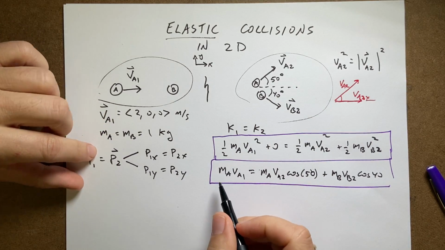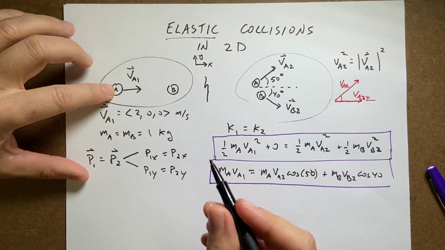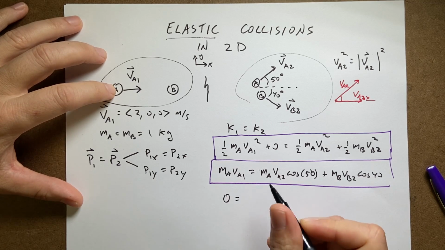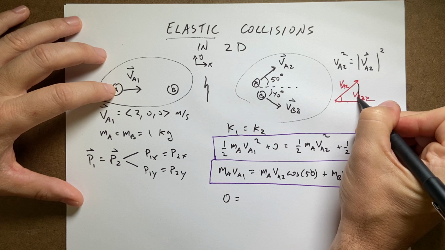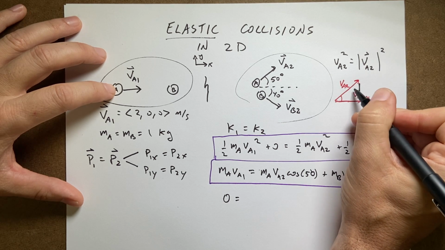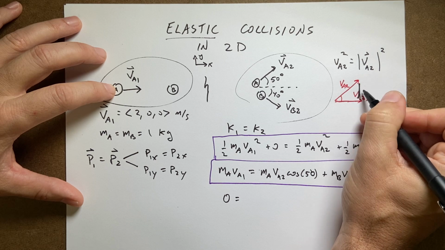Okay, now I can do the same thing for the y direction. So what's the initial y momentum? Well, it's not moving in the y direction, so it's 0. And then that one isn't either. And then afterwards, the vertical component, the y component of a2, is going to be va2 sine theta, because it's the opposite side.